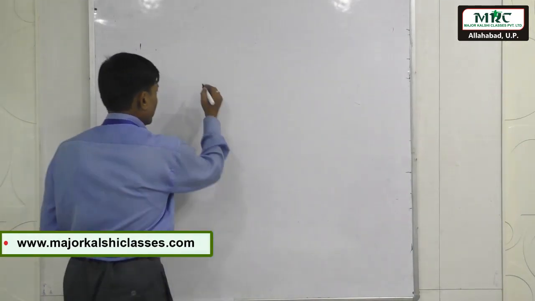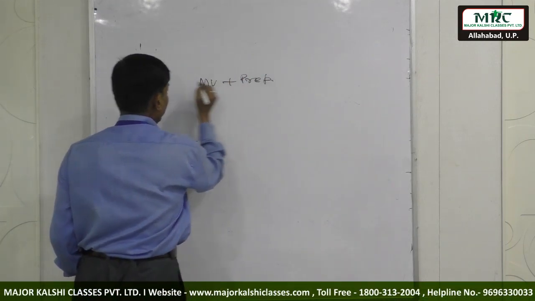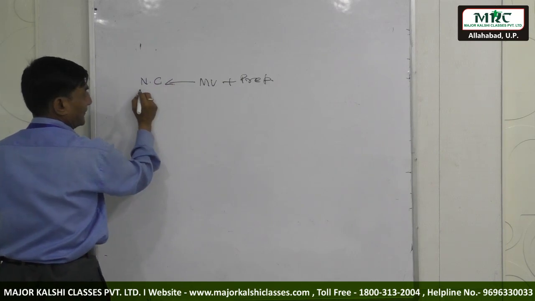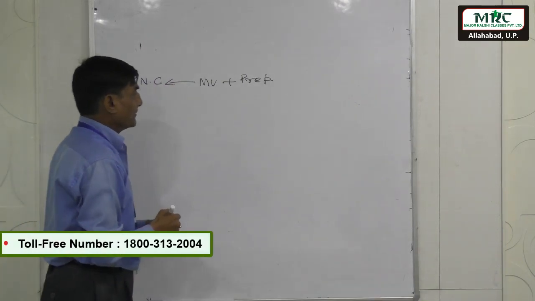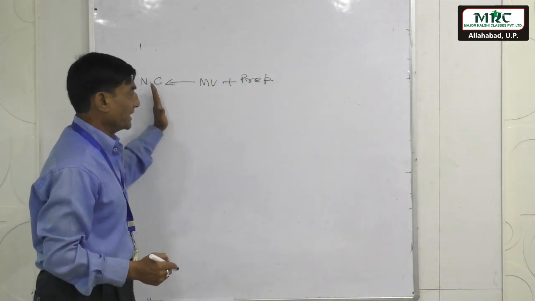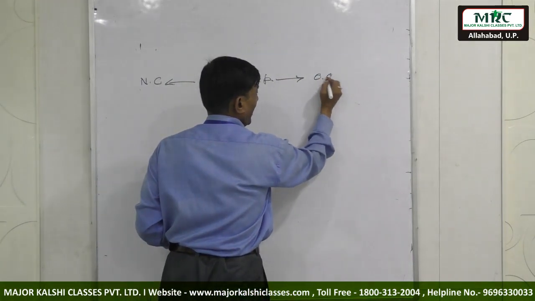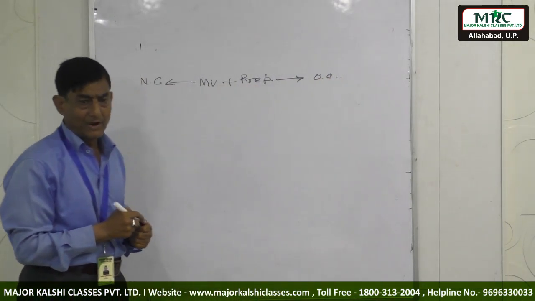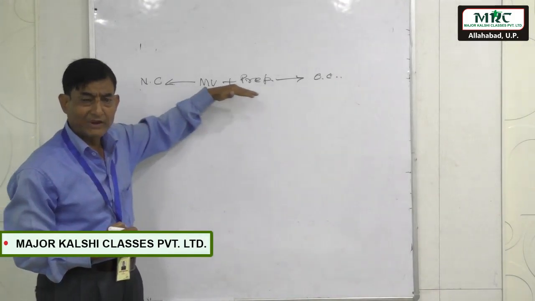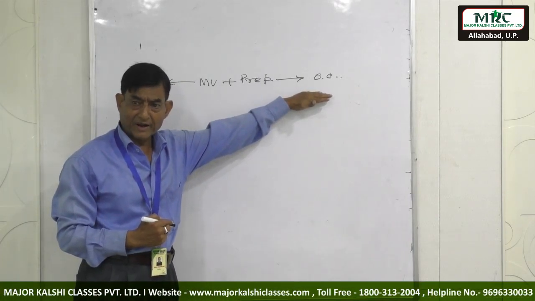If we see main verb plus preposition, nominative case has to come at the beginning of this. That means main verb and preposition always come after nominative case, and after this we always use objective case. We can never make any changes in the structure of these sentences. This is a fundamental rule.